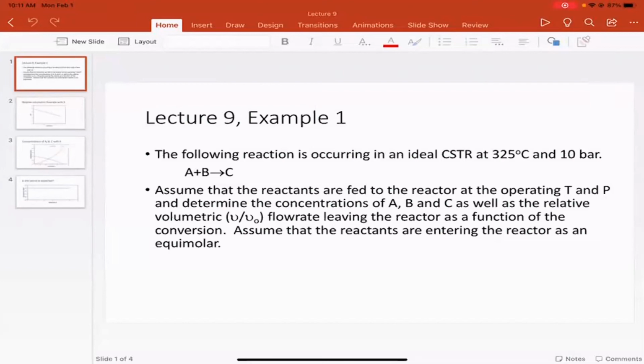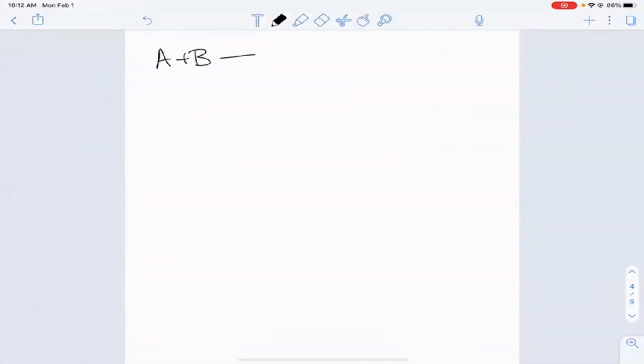Assume that the reactants are entering the reactor as equal molar. So the initial mole fraction of A and B are both equal to 0.5. A plus B goes to C, which is what we mentioned just a moment ago.